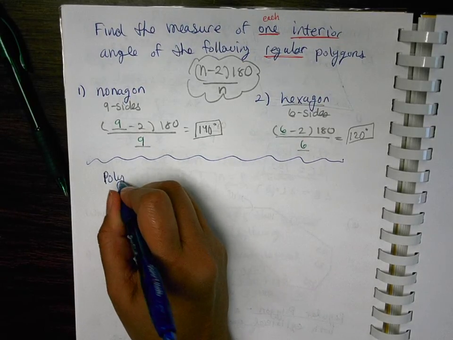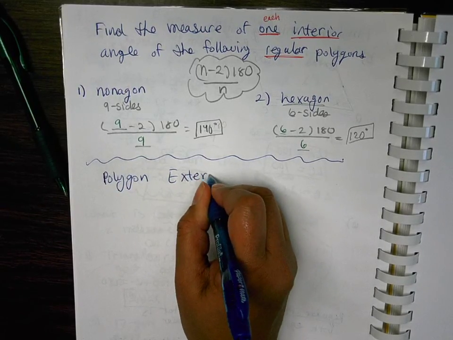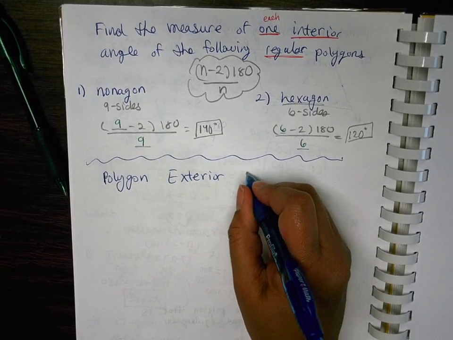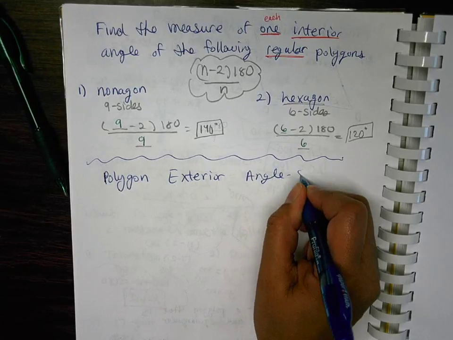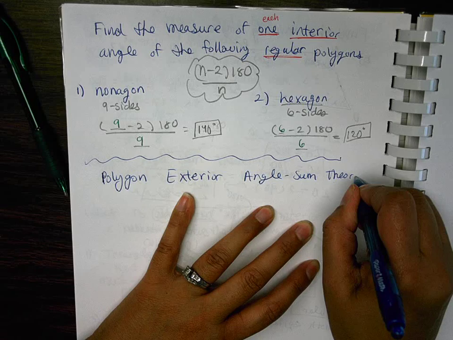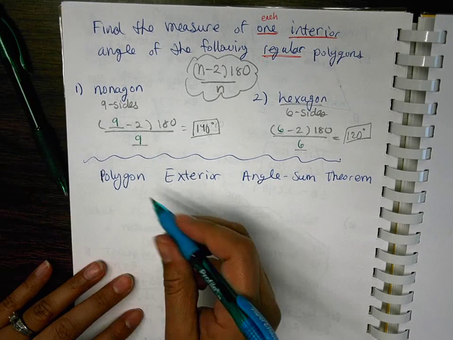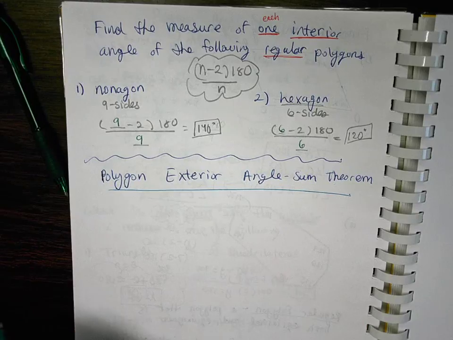Okay. Polygon, and here is the new word, exterior angle sum theorem. All right. You will need to know this. Polygon, exterior angle sum theorem.